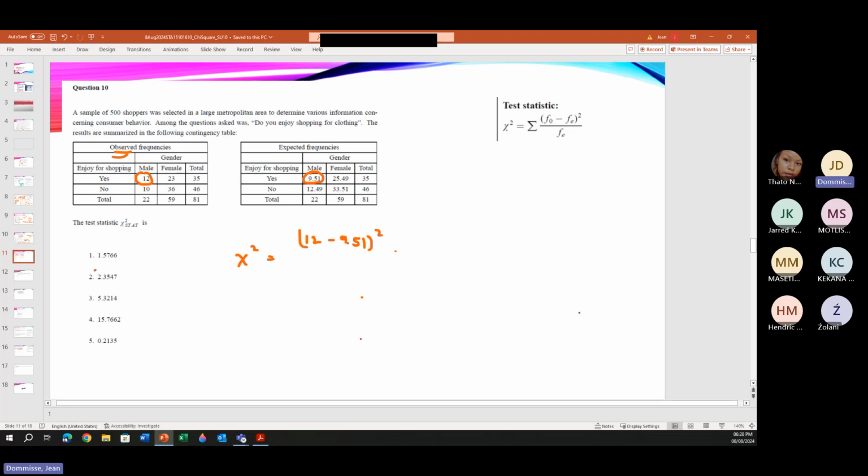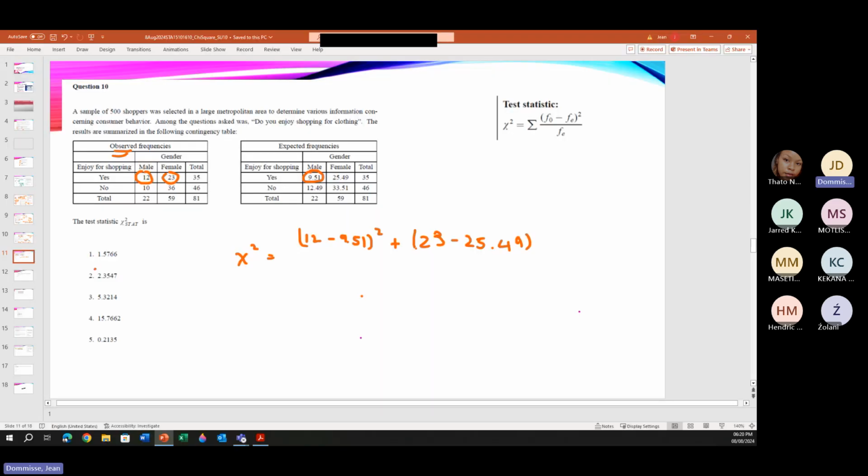Remember the sum of that, plus 23 minus 25.49 to the power of 2.